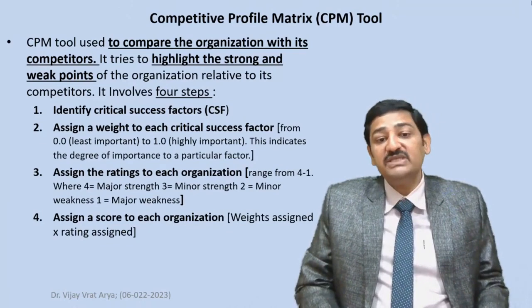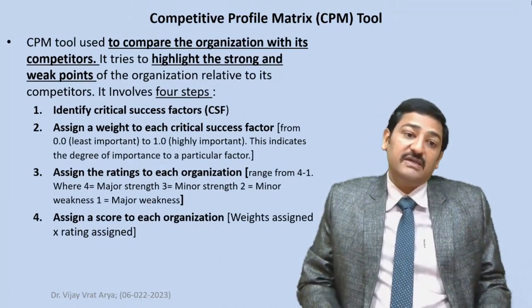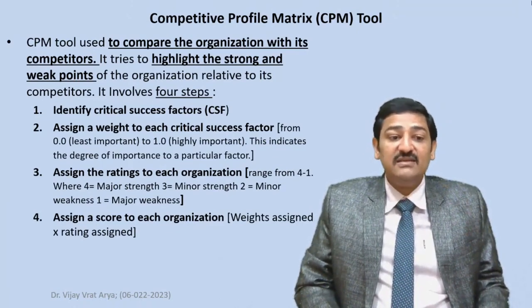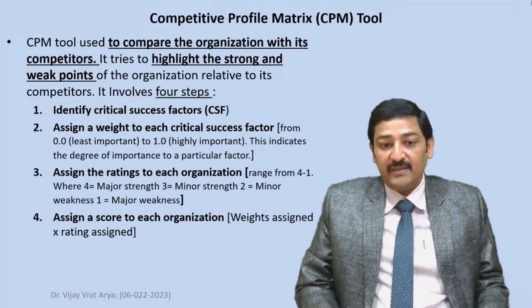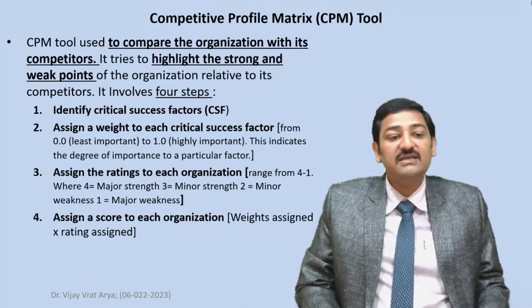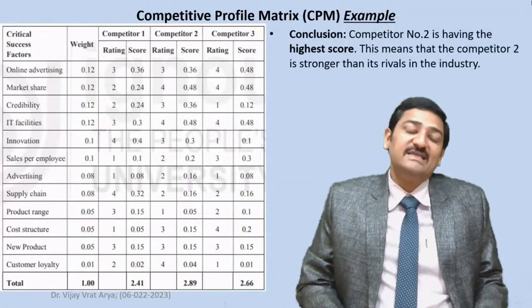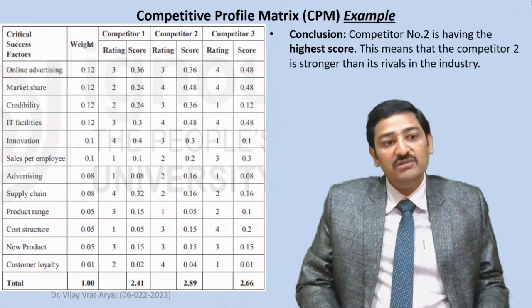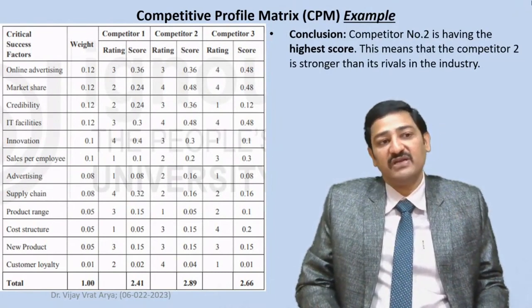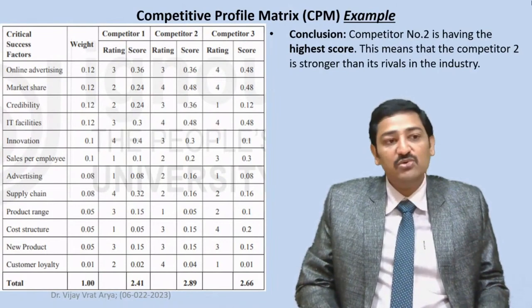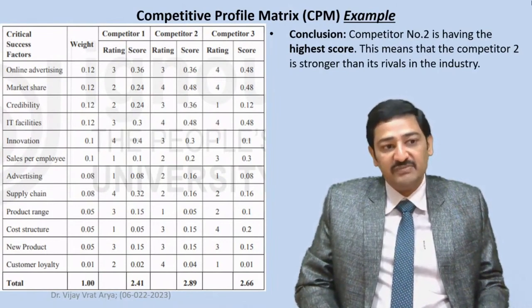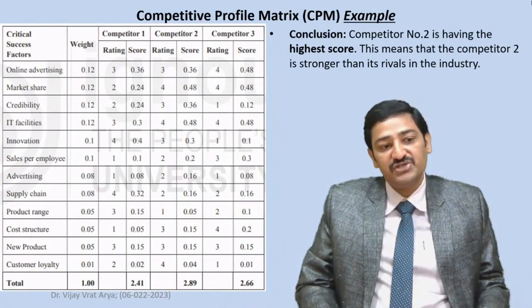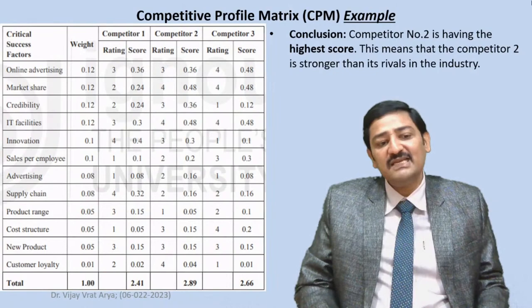Once the rating for each organization for the respective critical success factor is assigned, we then assign a score to each organization by multiplying the weight assigned and the rating assigned. As an example, we can take this matrix where around 10 major critical success factors have been identified, including online advertising, credibility, sales per employee, supply chain, advertising, cost structure, new product, and customer loyalty.